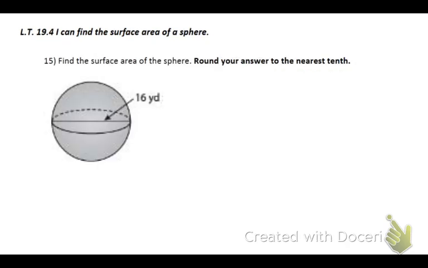All right. Sphere. Okay, we're on our last learning target. So sphere is 4 pi r squared, right, for the formula? Surface area. It looks like it's pointing at the diameter because it's showing the whole thing. So let's say that the radius is 8.